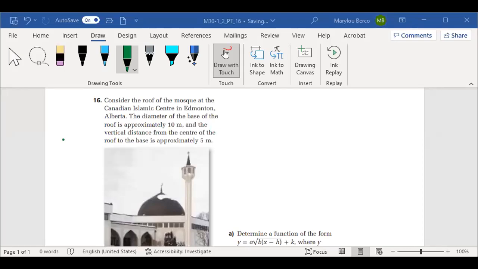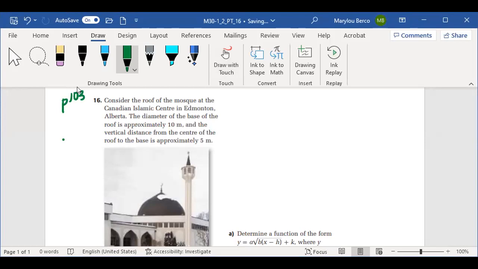Okay, let's take a look at number 16, last question on the practice test on page 103. Consider the roof of a mosque at the Canadian Islamic Centre in Edmonton, Alberta.